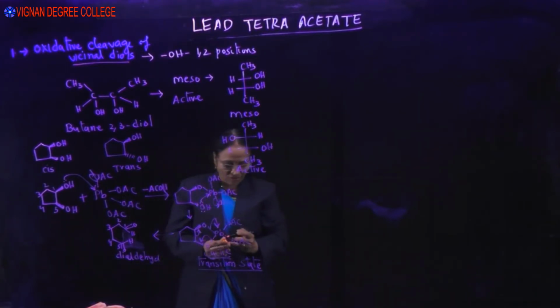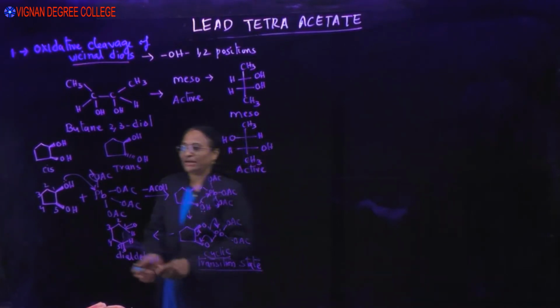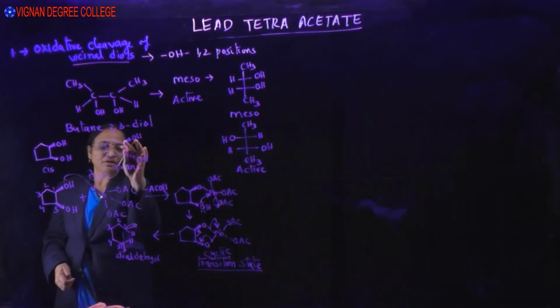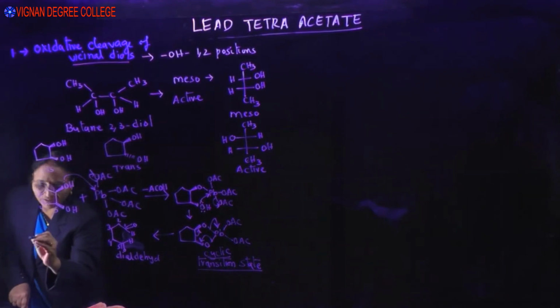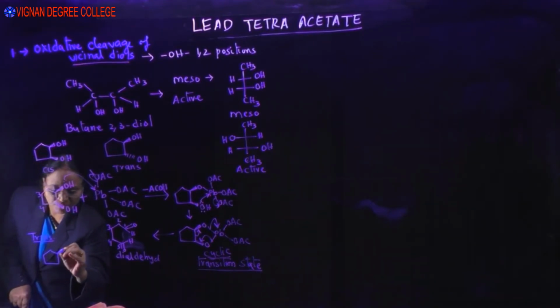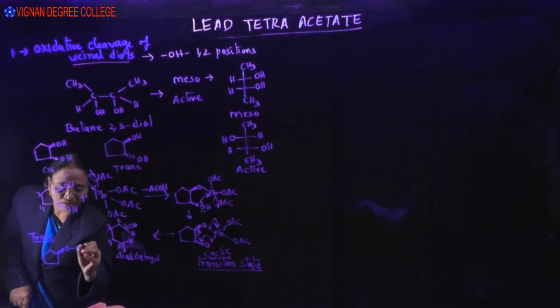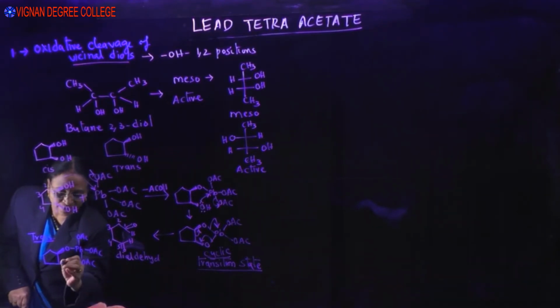Whereas in case of a 1,2-diol with a trans configuration, the reaction will be different. In the trans configuration you have the two hydroxy groups present on opposite sides to each other, therefore the reaction occurs in a stepwise manner.